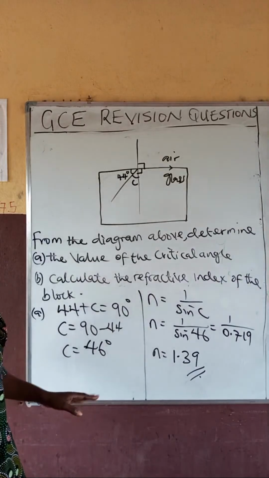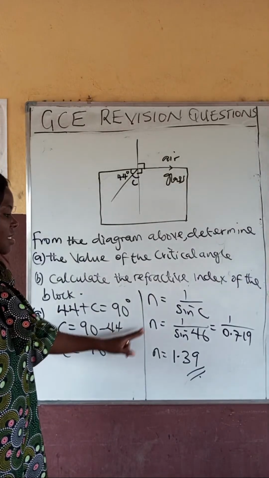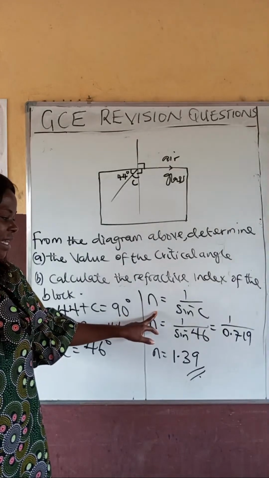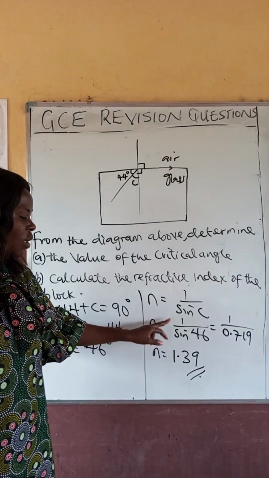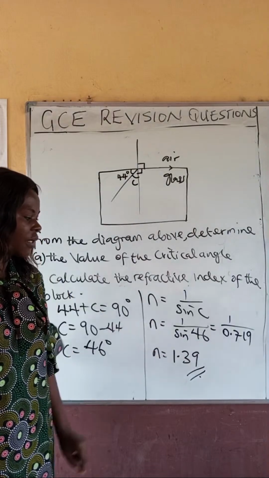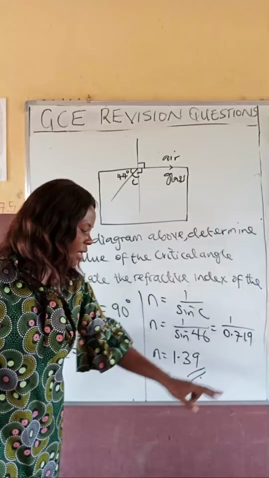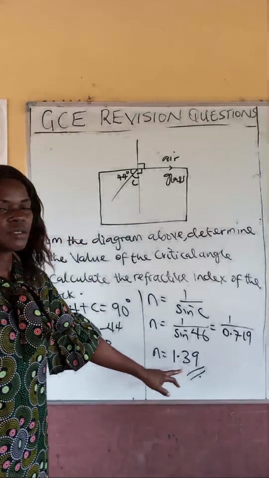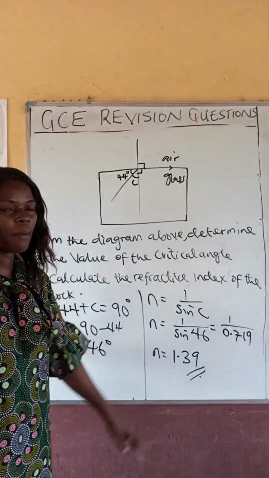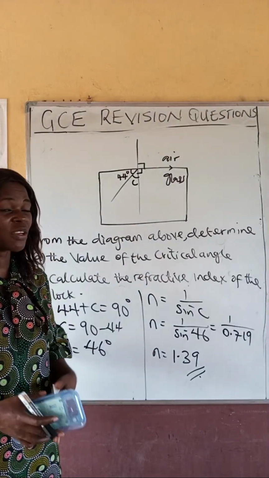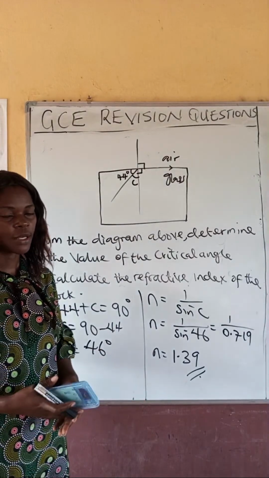Then the next thing is to say what? The next thing is to use the formula n is equal to 1 over sine C. Then n is equal to 1 over sine what? 46 degrees. We got the answer 0.719 and we divided to get the refractive index to be 1.39. Is that okay? Remember, it does not have units, it's a constant. Okay?